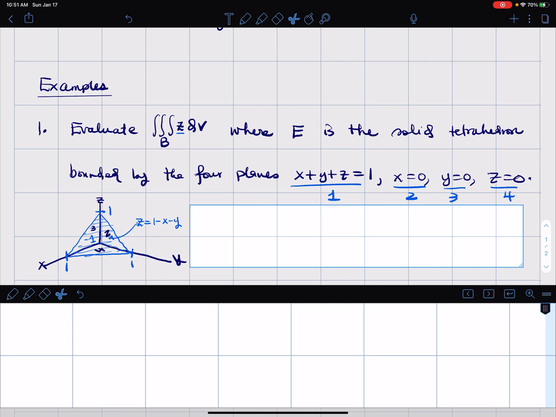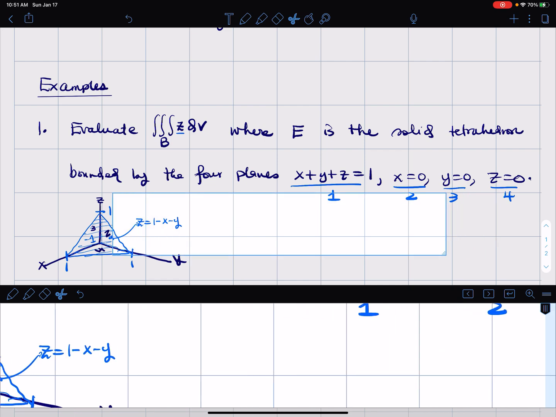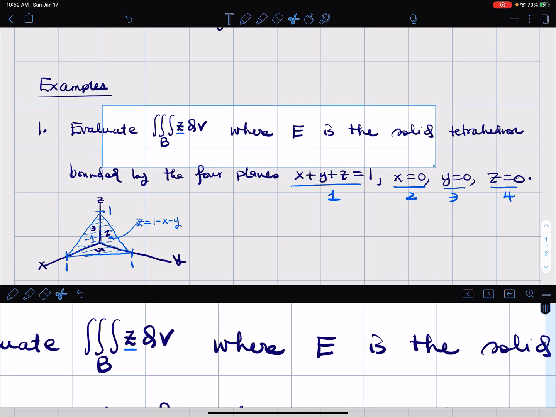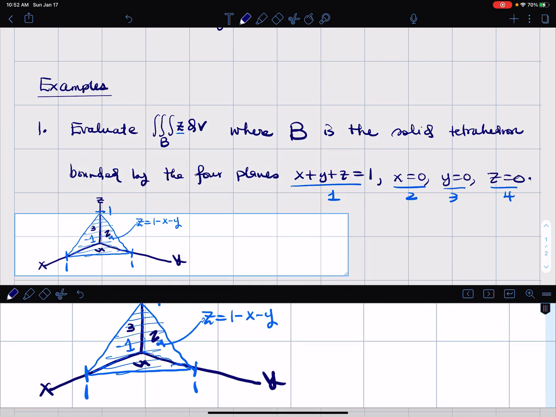So let's start with the z-axis. I used B and then I used E. Sorry about that. So let's use B. You can use E also, or D, whatever.